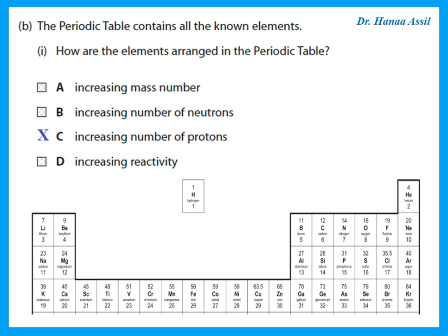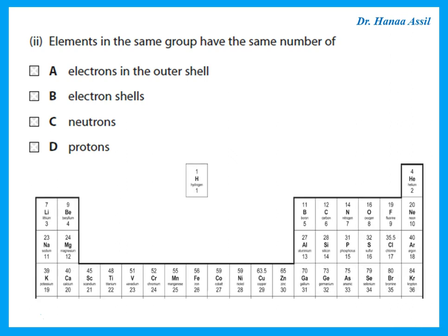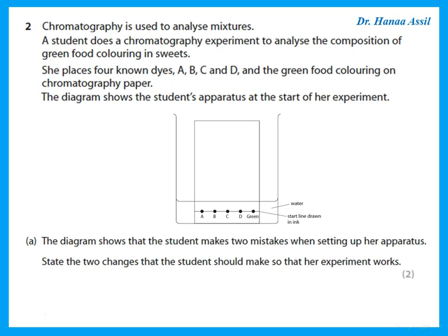That is what we arrange the elements according to. Elements in the same group have the same number of what? Everything in group 1 will have 1 electron in the outer shell. So all the elements in the same group have the same number of electrons in the outer shell.